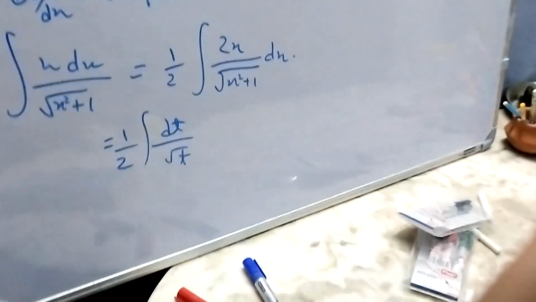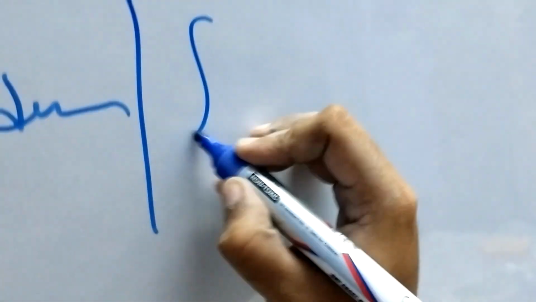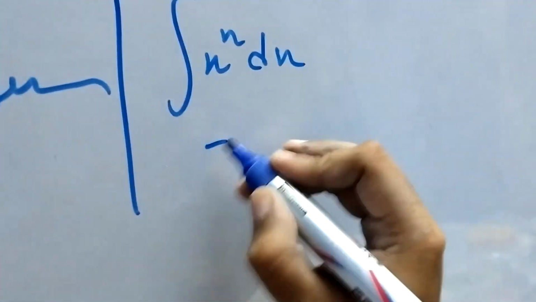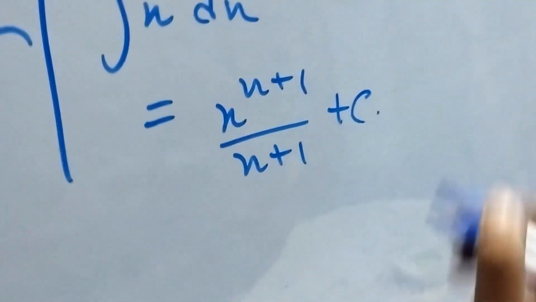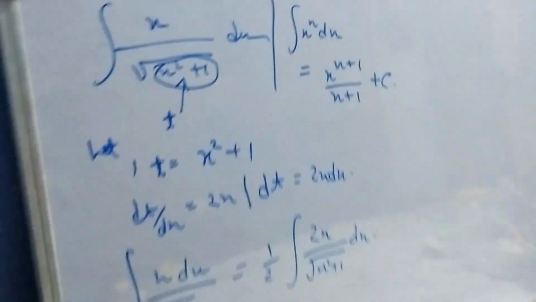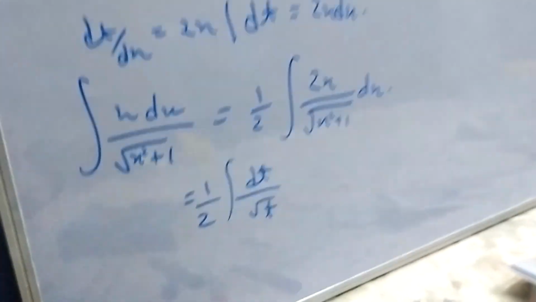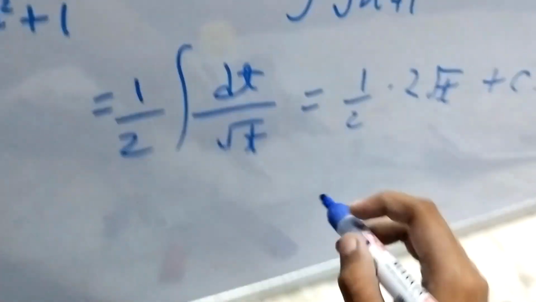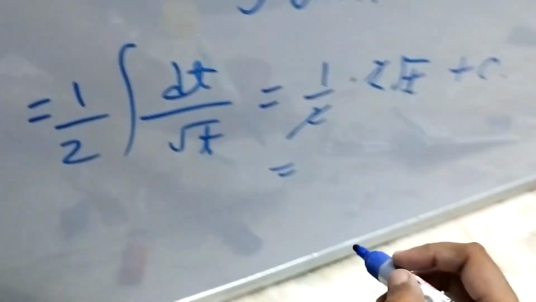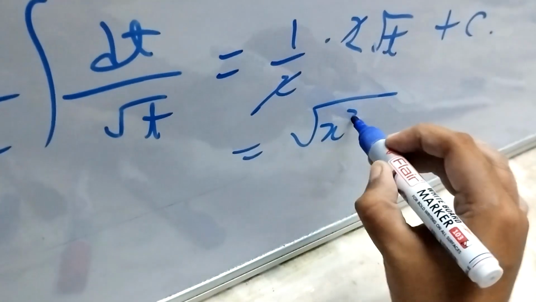From here you can easily solve. Just use the formula. This formula you must know. This is the utmost important and very basic formula you will get. Here n is minus half, so this will be half times 2 root t plus c. Just put the value of t into it, that is, root of x square plus 1, plus c.